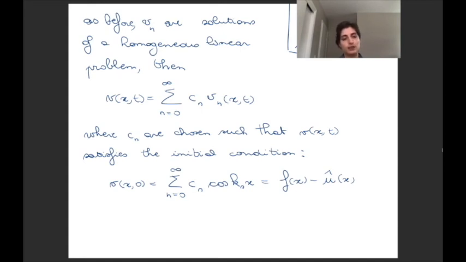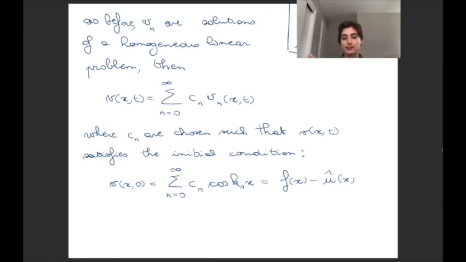So we have that V of x at time 0 is equal to this infinite sum of Cn times cos kn x. Cos kn x comes from the Sturm-Liouville problem, so they are orthogonal. We haven't normalized it, so we have to be careful with that, but they are orthogonal functions.